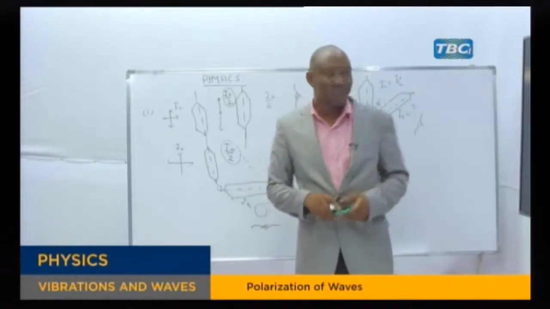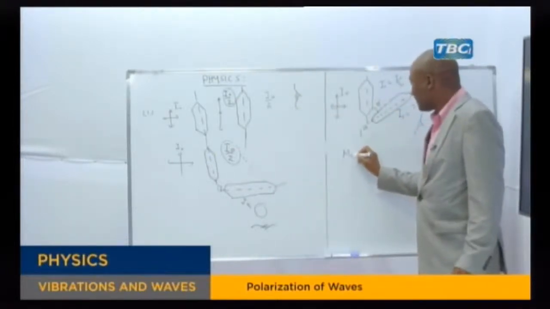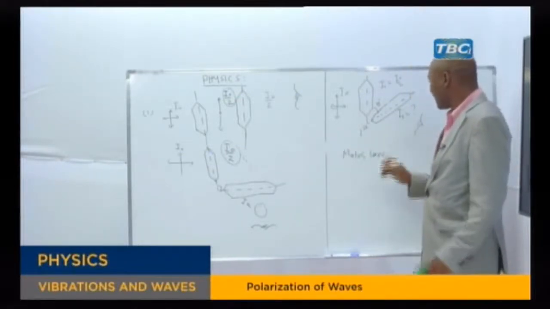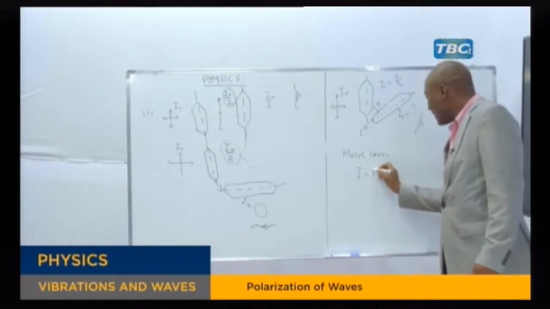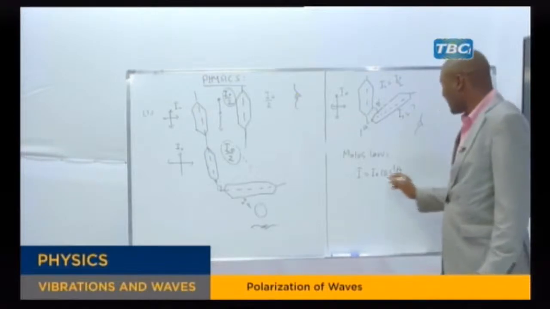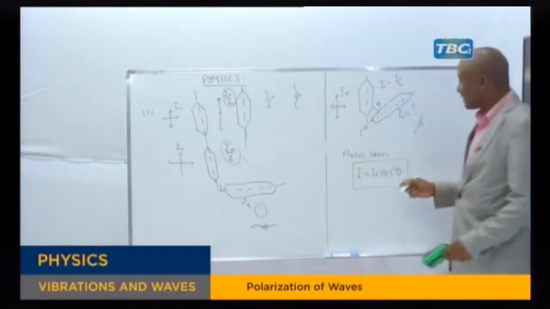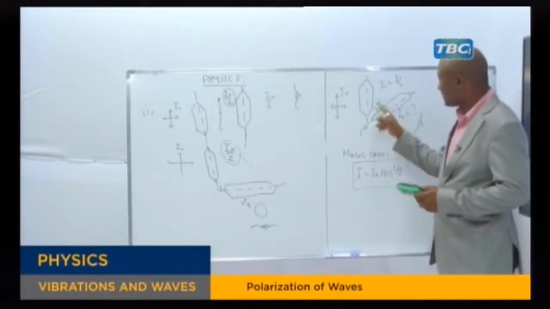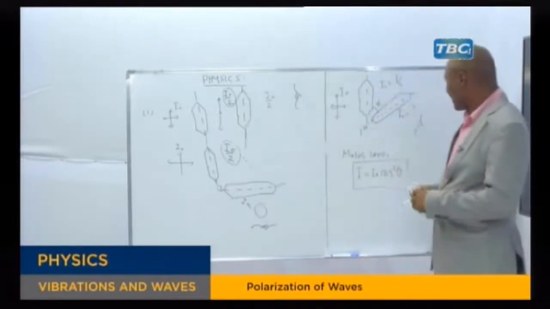To see that, we have the theorem. This is given as Malus's law. The theorem says that I equals I naught cosine squared of the angle. This is the theorem which is used to find the intensity of the light when the angle is given. What does this law say?